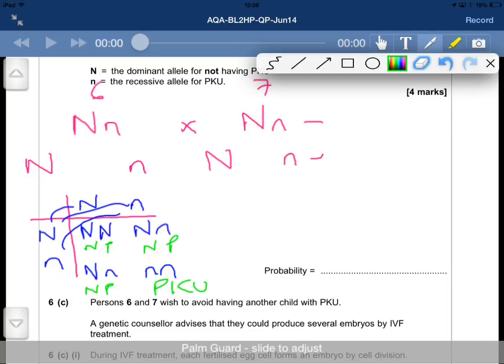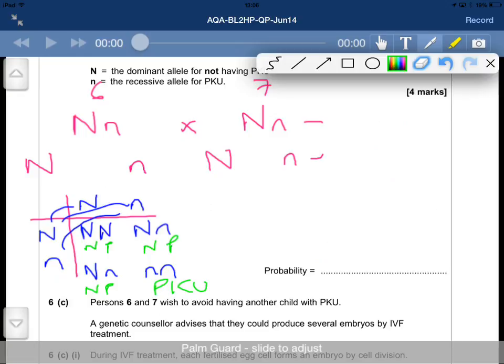Let me give you another example of a cross like this, just to show you how straightforward they are. Imagine if I had a homozygous dominant NN times a homozygous recessive nn. Those are the genotypes. We then do gametes, which simply is separating them.